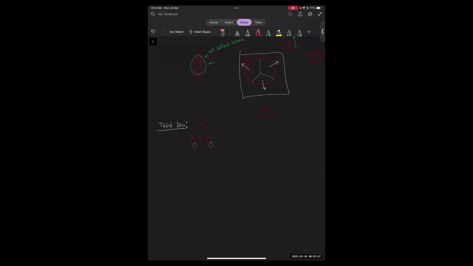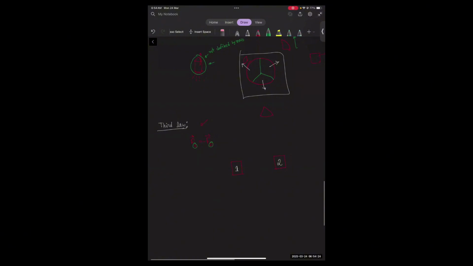What this tells you is that, for starters, any force always acts between two objects. So you will have two objects between which the force acts. For example, gravity will apply a force on this object. So we number these objects: we name one as object 1, another as object 2.